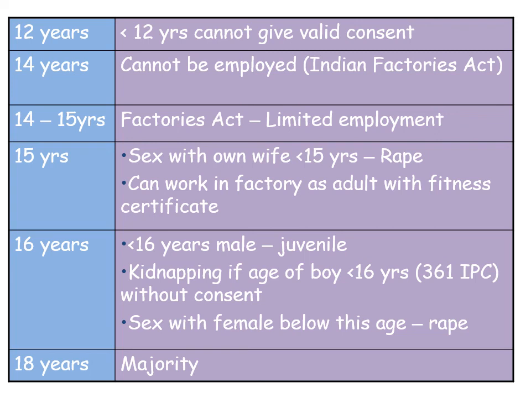At 16 years, he is considered a juvenile, and kidnapping of a boy less than 16 years without consent, or sex with a female below this age, are considered rape, kidnapping, and abduction.